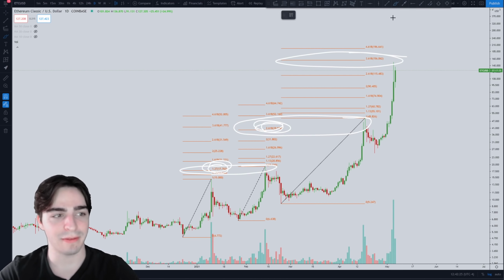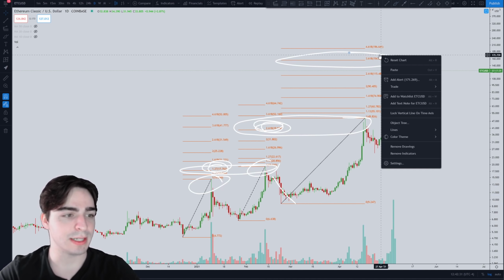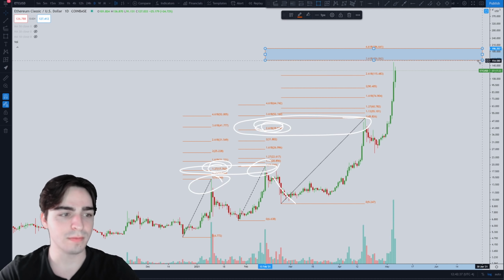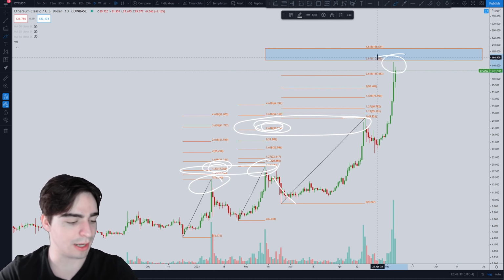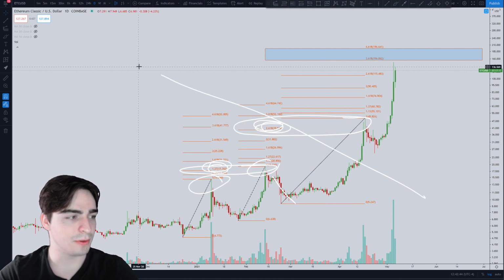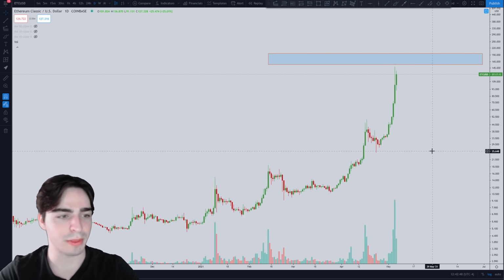Possibly, because we have this pattern of topping out and then retracing 61% at least. Okay, so somewhere in this area for Ethereum Classic is where I think it may top out, right between this 4.618 and 3.618, if it hasn't already topped out right now. So now we have those beautiful numbers, and now we can really hone in on what we think is going to happen here, okay?